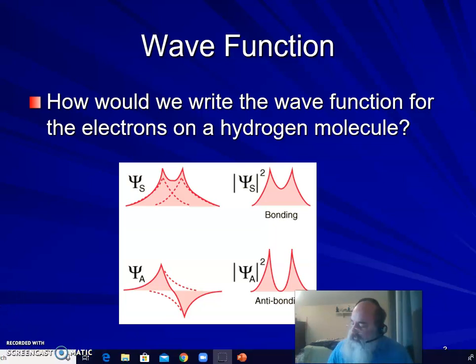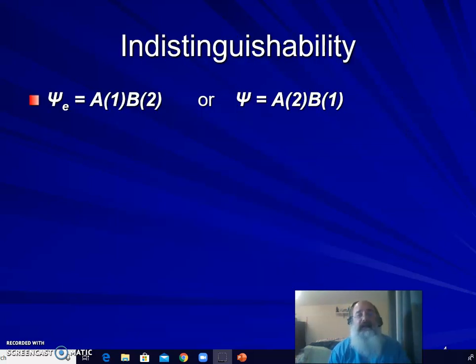If we want to think of this in terms of indistinguishability, which is the idea that the wave function has to remain the same if two electrons are exchanged with one another, then these two wave functions have to be equivalent.